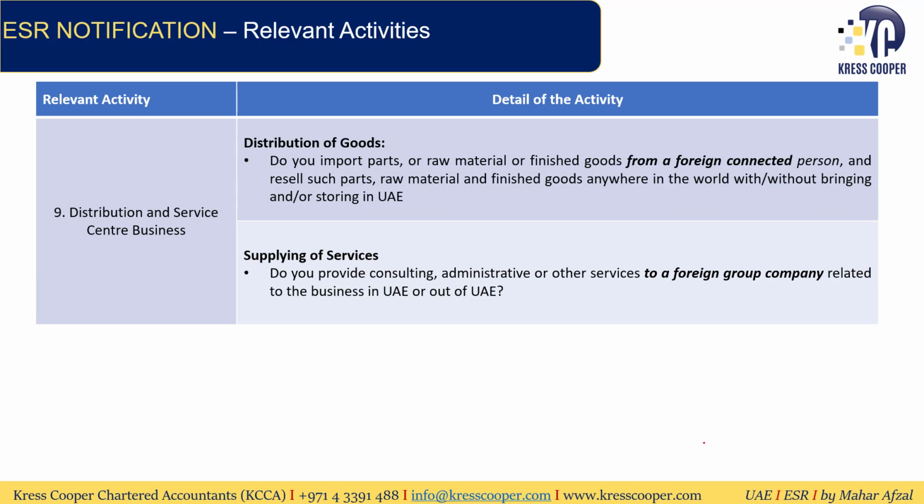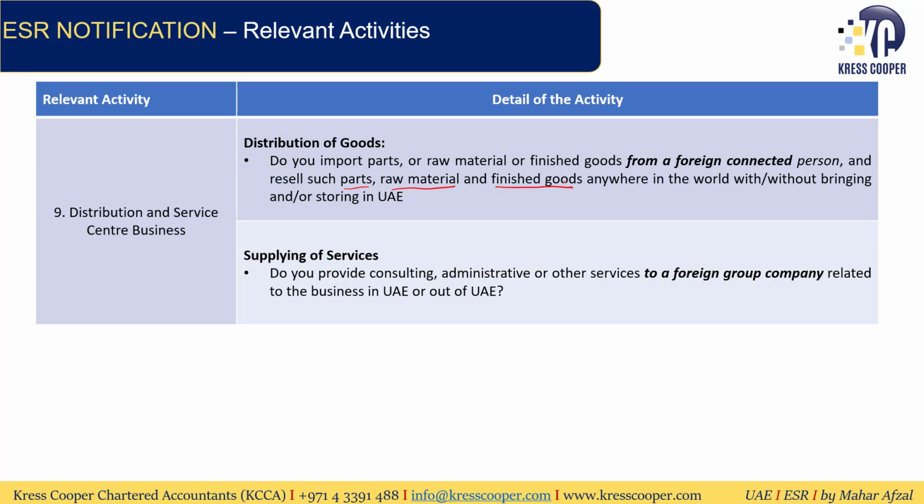At the end, there is distribution and service center business. In case of distribution business, if the licensee is importing goods from the foreign connected person and reselling such goods, whether parts, raw material, or finished goods, then it will be considered that the licensee is in the distribution business.